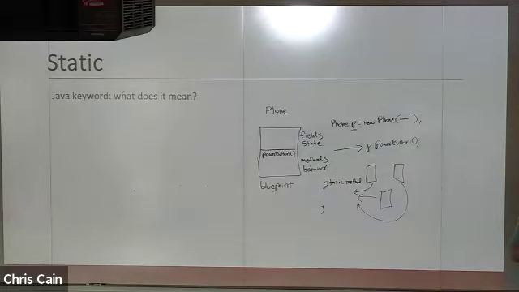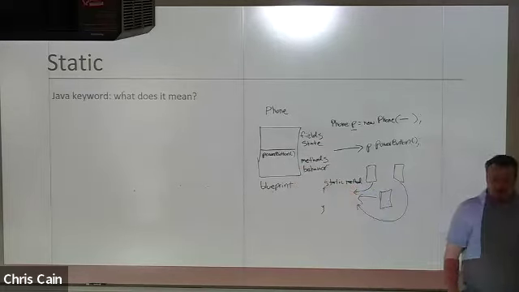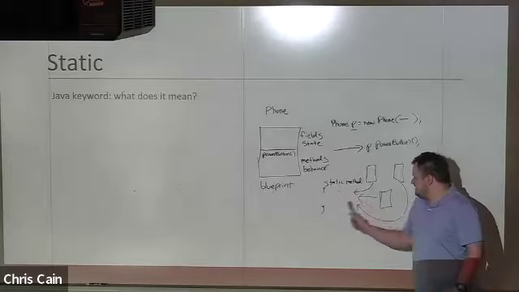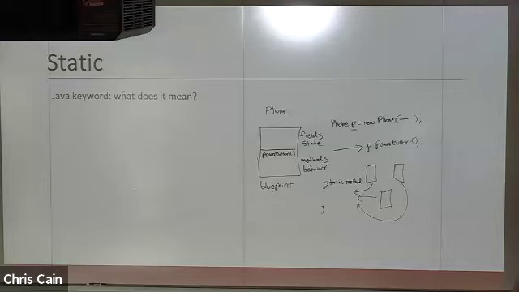That all calls the same code. So if we made power button static, then when I pressed my power button, it would also affect all of your phones. Because all of that logic is the same for all objects. It all references the same place.